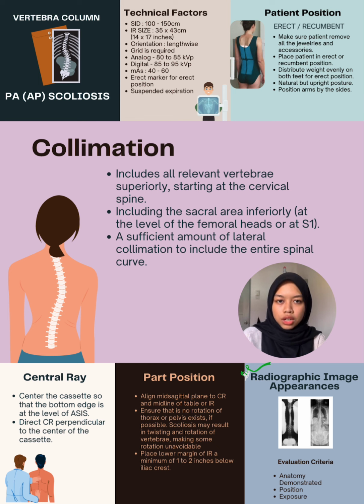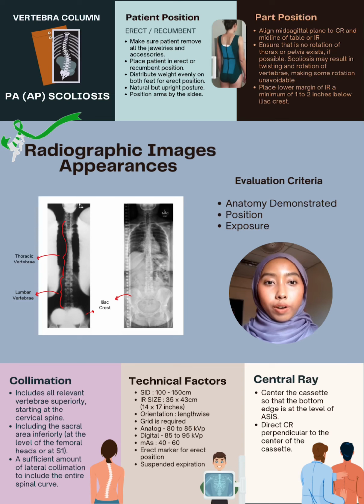For horizontal collimation, the field should include the lateral margins of the thorax. This ensures that any lateral curve of the spine is fully captured. Proper collimation and central ray alignment are crucial to ensure that the entire spine is captured without unnecessary radiation exposure to other body parts.